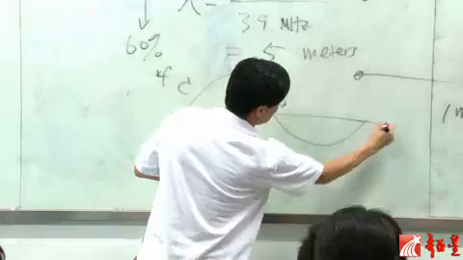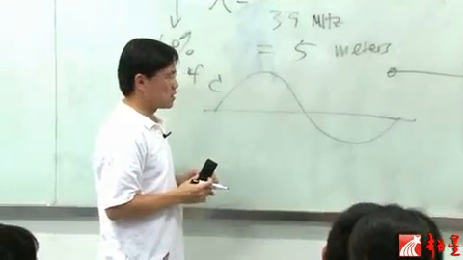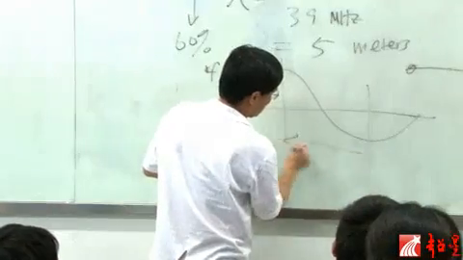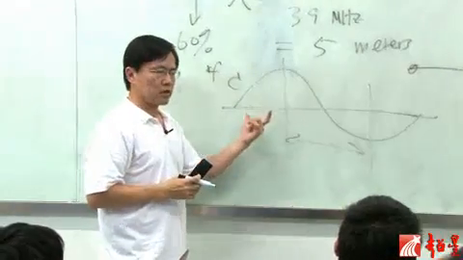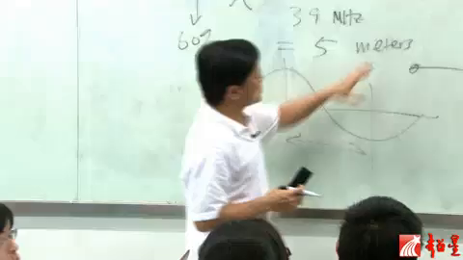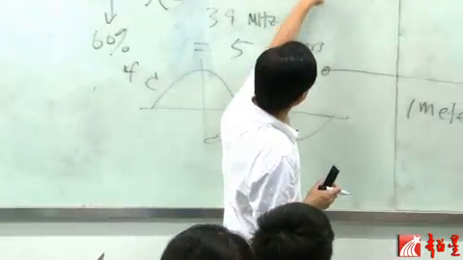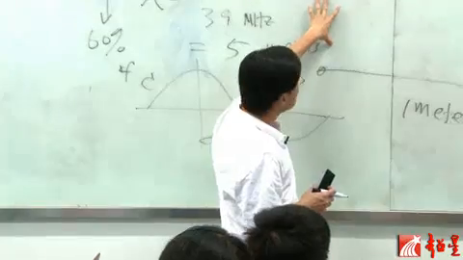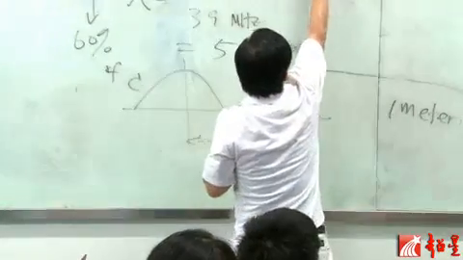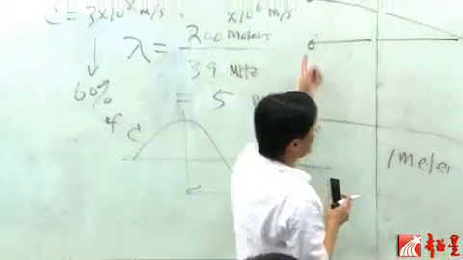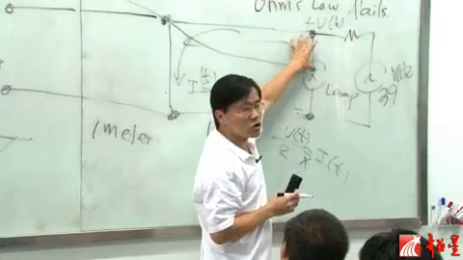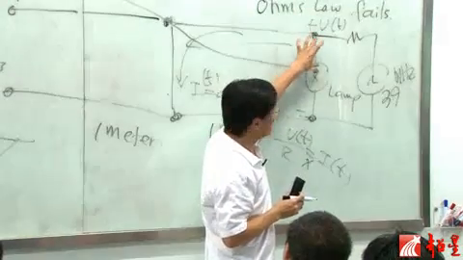This is one wavelength, and this is one half of that wavelength. Because this is open, you have the highest voltage at this point because there's no current. So there's a peak here, and then when it goes to here, you're going to have a negative peak, but the voltage here is not going to be zero, it's going to be a negative peak.